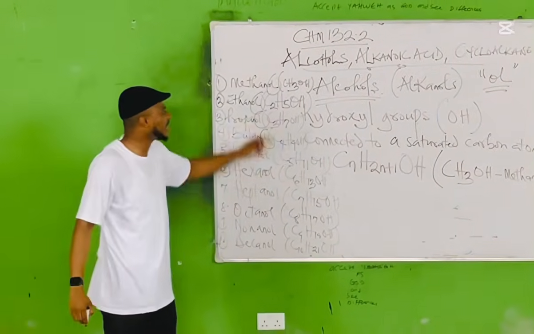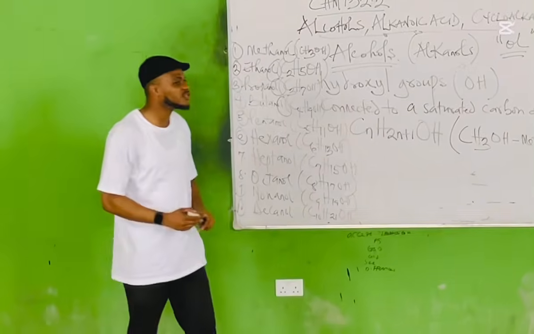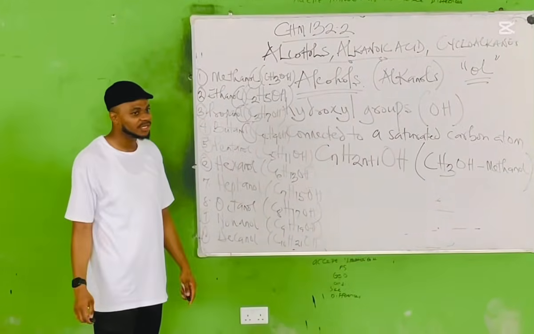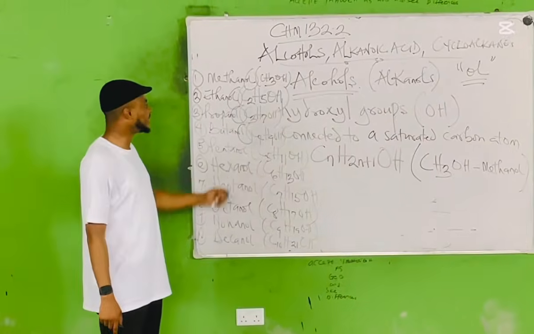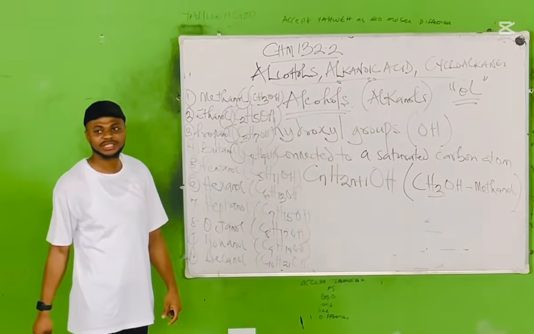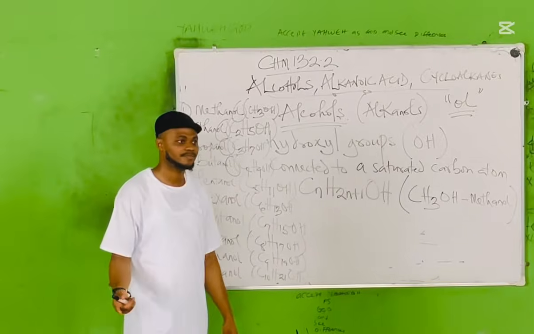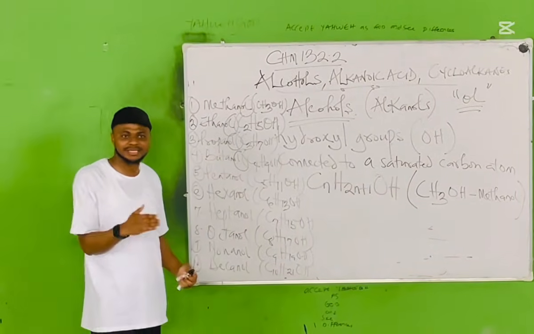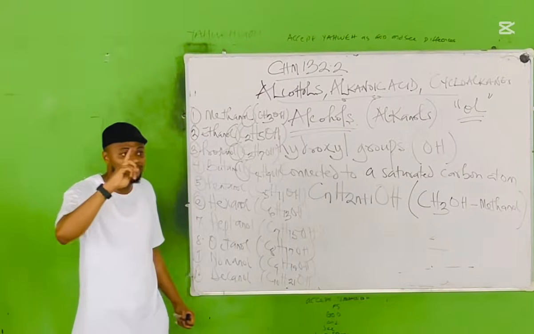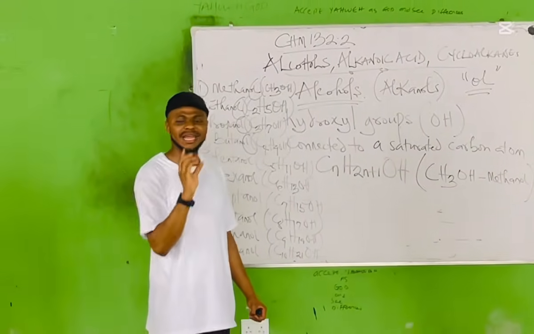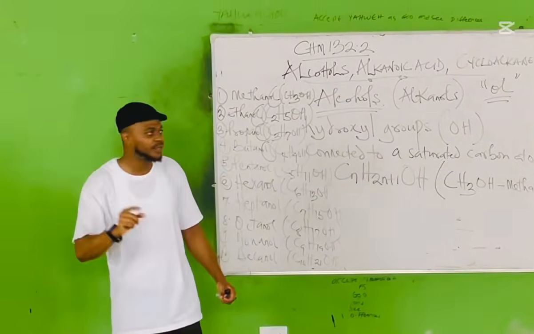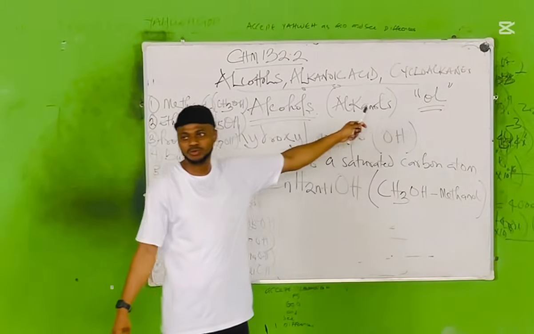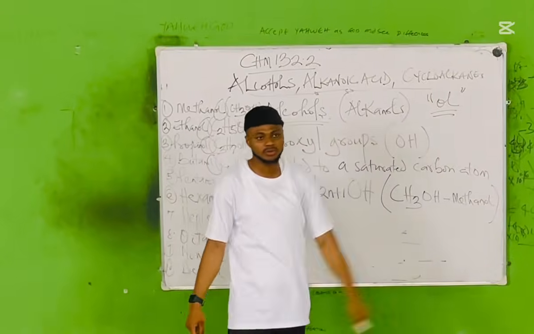If it is an alkane, methanol will be what? If it's an alkene, ethanol will be what? Ethene. If it's an alkyne, ethanol will be what? Ethane. Alright? So most members belonging to a particular family are usually named with the suffix of the family they belong to.